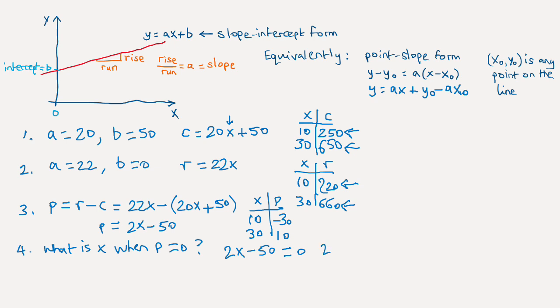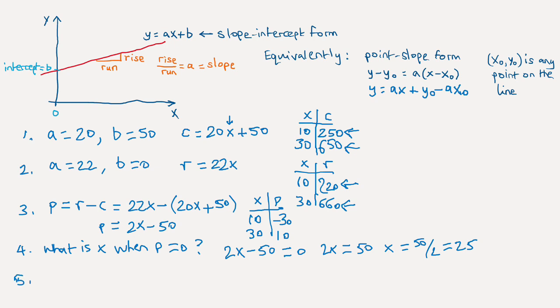So I'll just do this in stages. 2x equals 50, so x equals 50 divided by 2. So when x is 25, we're going to break even. And we could just check that. If we plug in 25 into our profit function, we'll get 2 times 25 is 50, minus 50 is 0. So we break even for x equals 25.